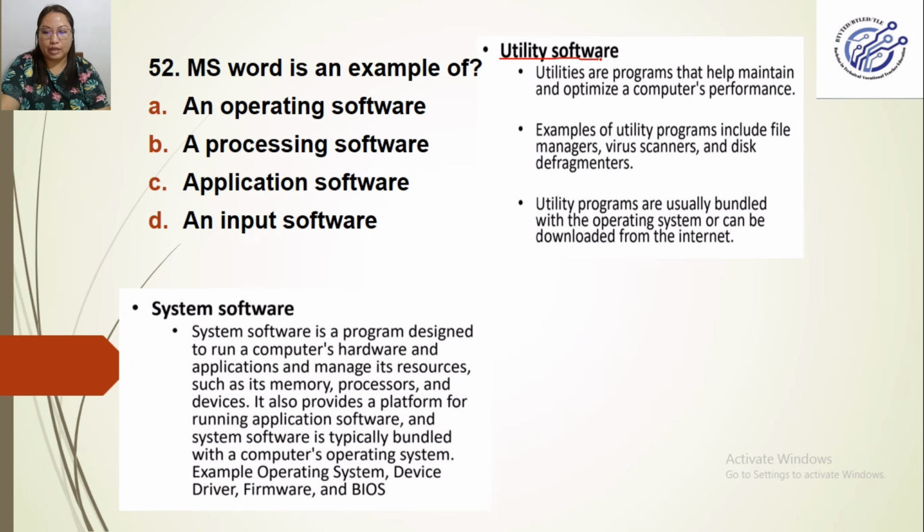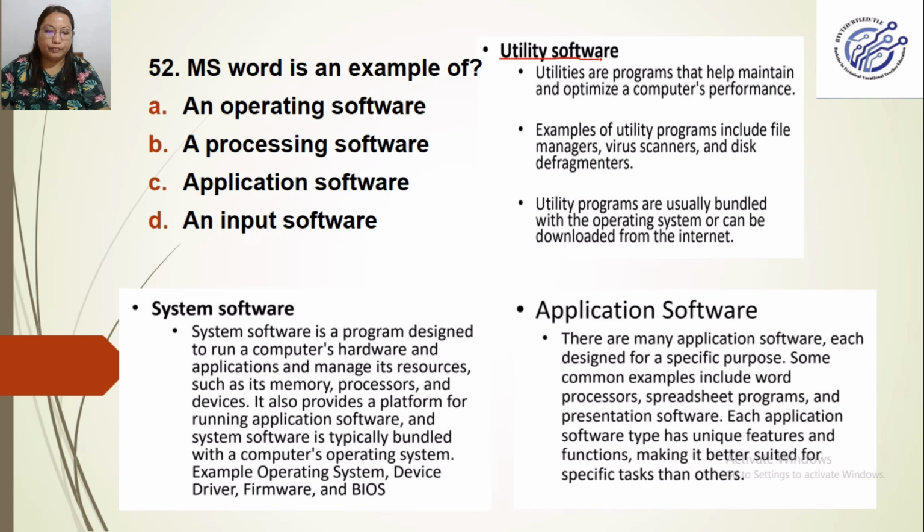We also have system software, for example Android, Apple's OS, Windows 7, Windows 8, Windows 10, Windows Vista, and Linux. Those are system software. Then we also have application software, for example Microsoft Word.